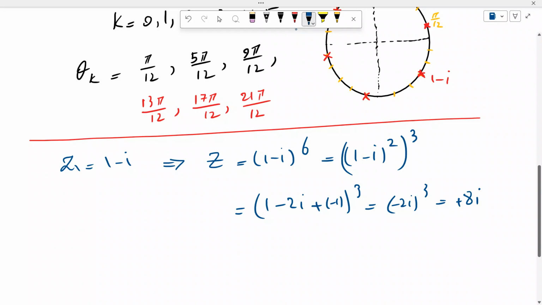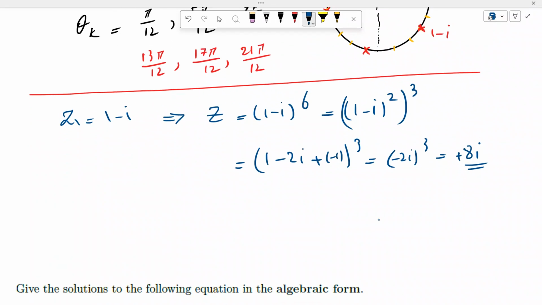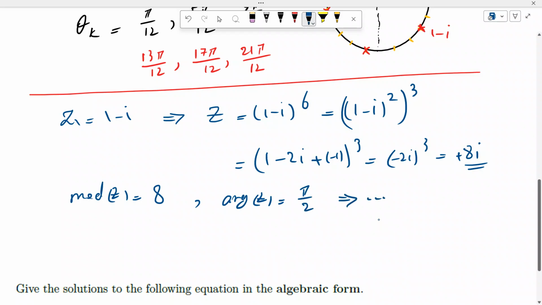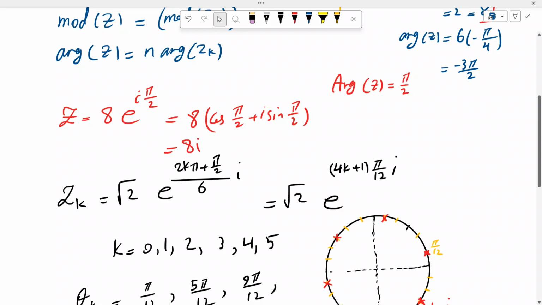Now another way is starting from this 8i and finding its 6 roots directly. It means that now I know that mod z is 8 because it's 8i. You can find its magnitude, it is 8. And arg z is pi over 2. And then we can continue in a similar way, starting with this formula.